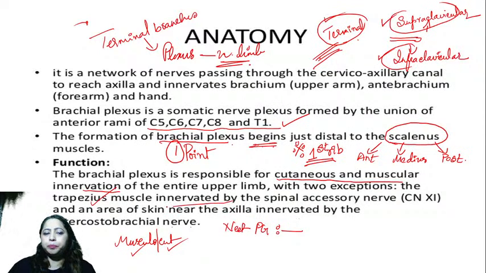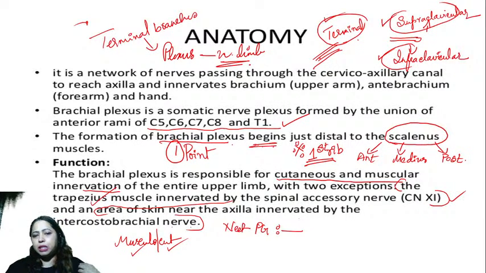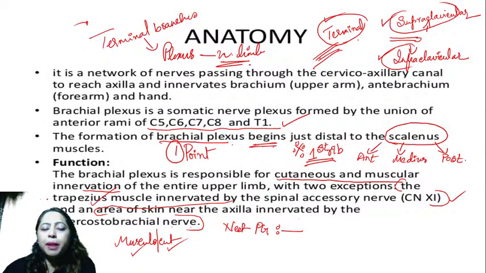This is the second point, and this is the first point. Even though the trapezius is present in this region, it is not supplied by branches from the brachial plexus. Then it is supplied by which one? The 11th cranial nerve, the spinal accessory.